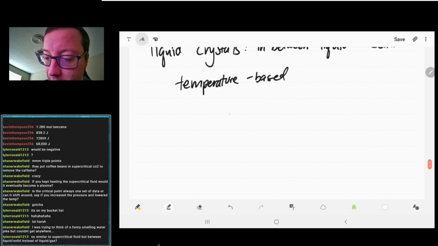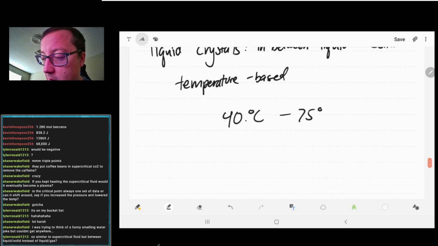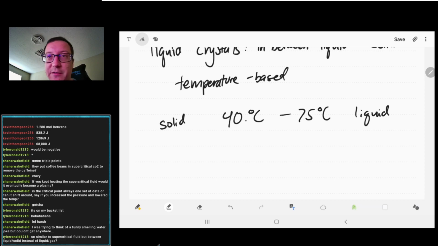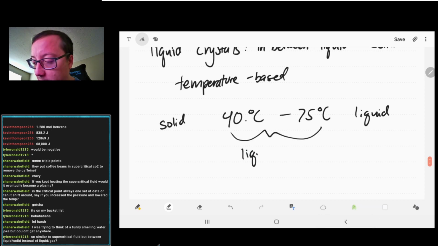I'm going to just come up with an example. It's going to be a solid below 40 degrees, and it's going to be a liquid above 75. But in this magic range here, that's where we're going to have a liquid crystal.